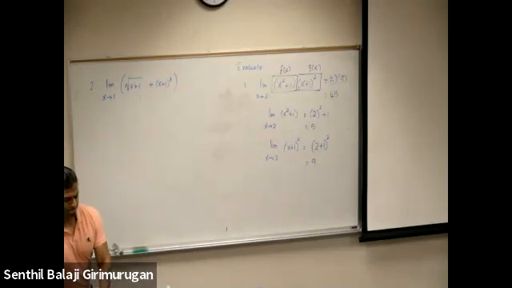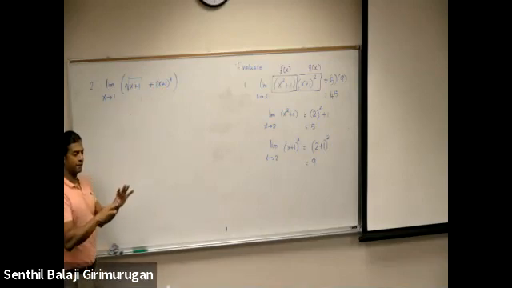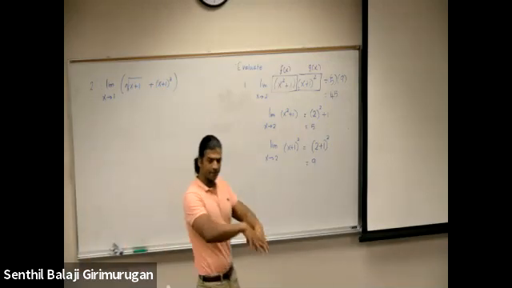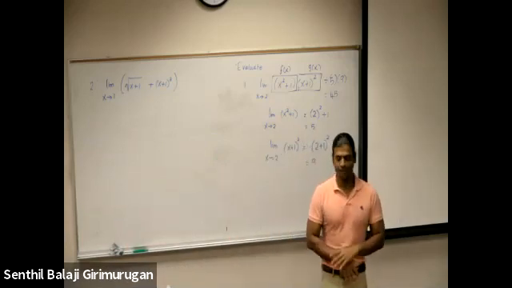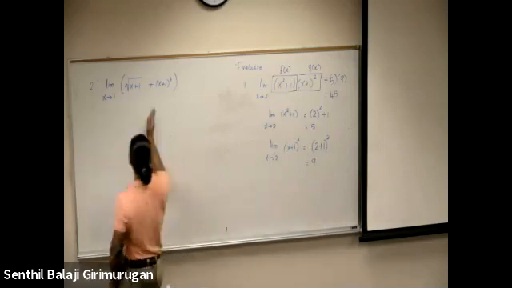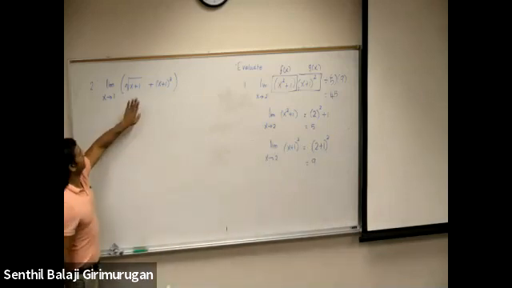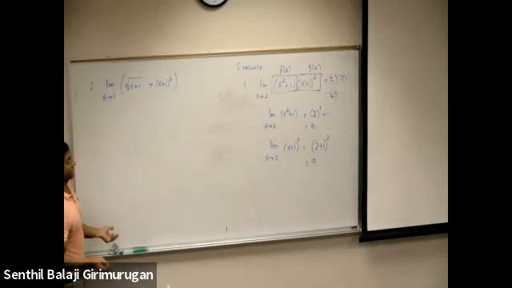So you don't have to express or write each and every step in this class, because all we want to do is understand the concept of limits, how to apply limits, and get the answer. So we want to apply the limit to that function and get the answer.